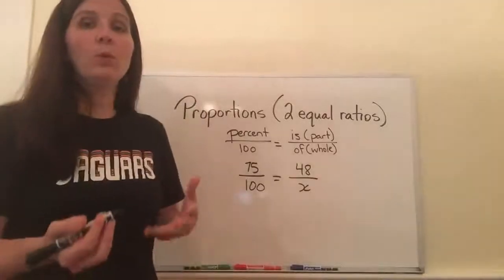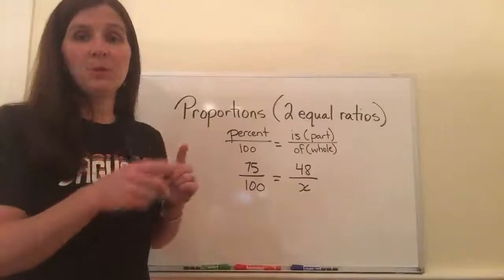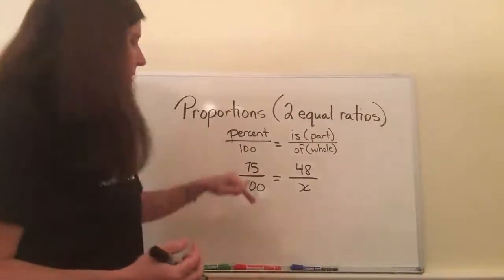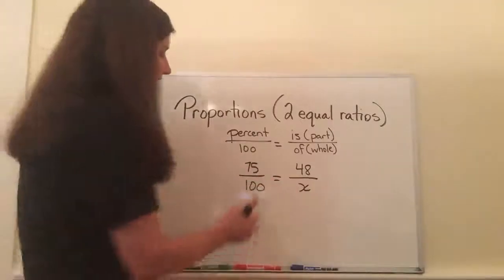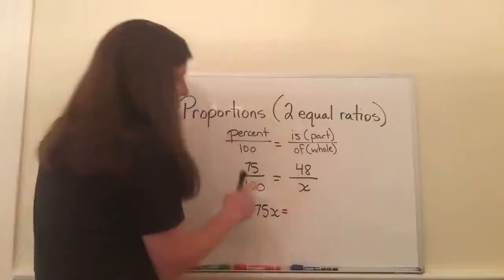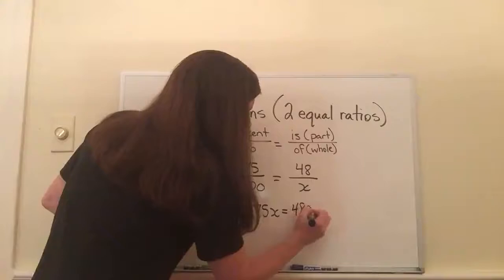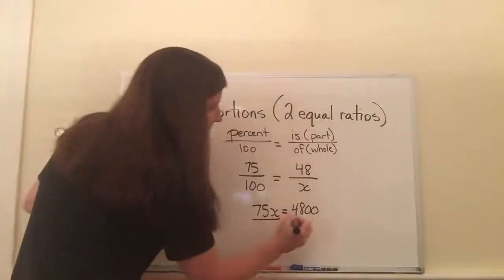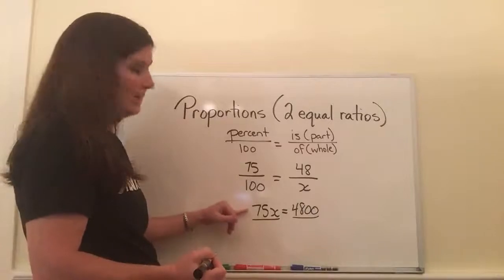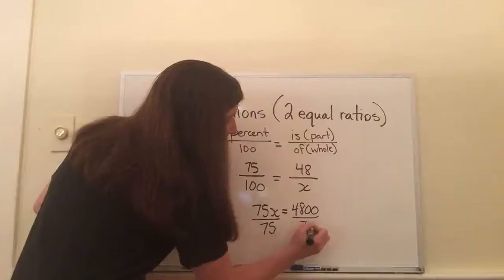Once again, we cross multiply, and I always start with cross multiplying the part that includes your variable, so your variable ends up on the left. So 75 times x is 75x. 100 times 48 is 4,800. Now, to solve this equation, I need to isolate my variable, so I have to divide by my coefficient on both sides.